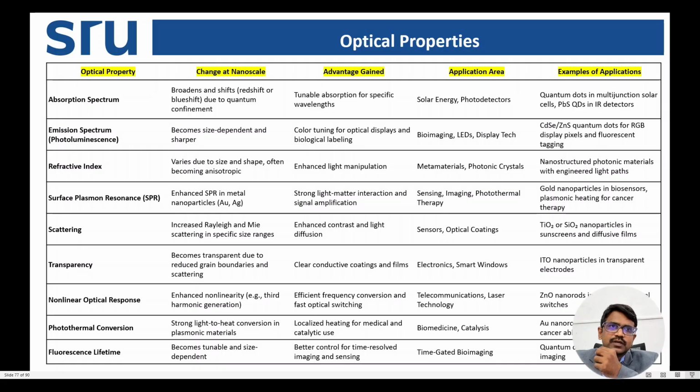And you should also understand the advantage: because of that small change, what advantage are we getting? And with this advantage, where do we find applications? In which application area can this advantage be useful? That's why we should understand every basic property.